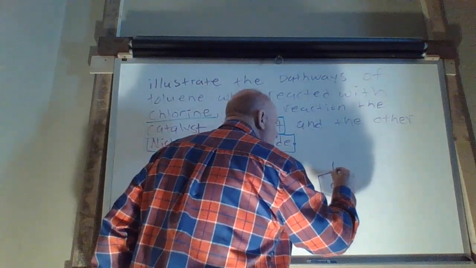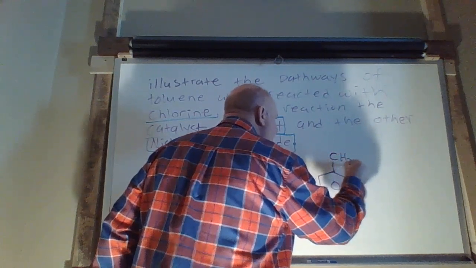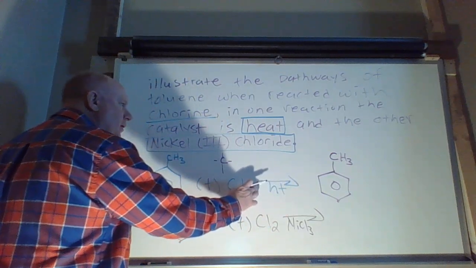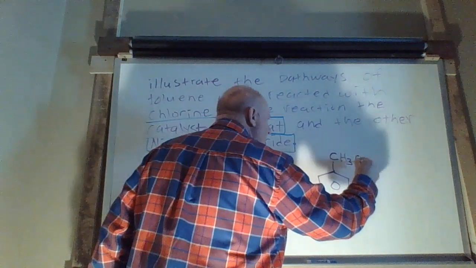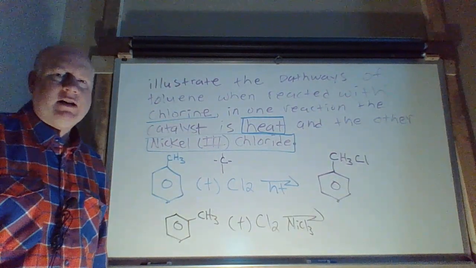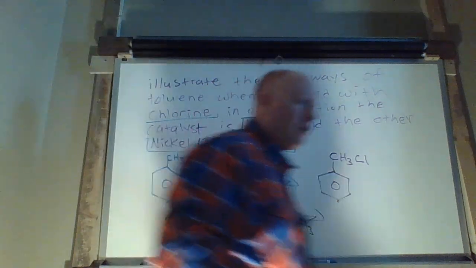But the typical mistake that we said in class that could possibly happen is, yes, we understand that because of this catalyst, that chlorine is going to add to it. This is probably the most common mistake that we see, okay? You got the right idea that this is going to attach with your methyl group, but it's not written correctly.